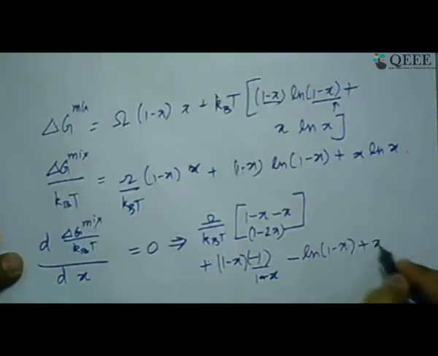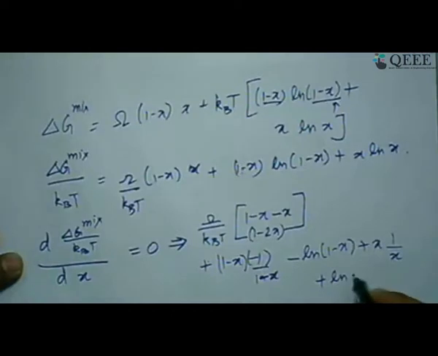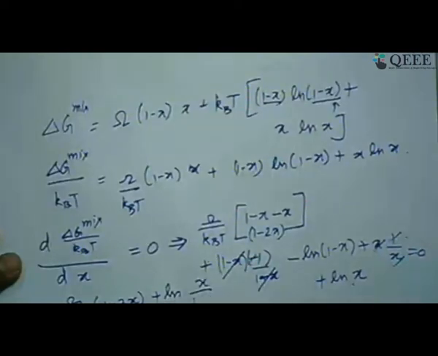Similarly, x ln x will give you x times 1 by x plus logarithm of x, and this is basically 1 and minus 1, so they will go away. That equal to 0 is what we are trying to solve. So you will end up with omega by kBT into (1 minus 2x) plus logarithm of x by (1 minus x) equal to 0.